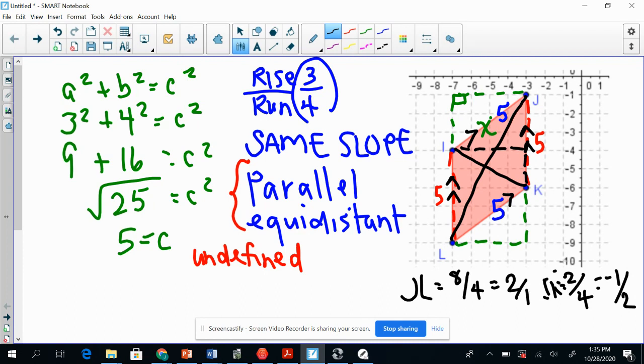So with this slope of JL being 8 over 4, or 2 over 1, and this slope being negative 1 over 2, then you know these are right angles in here, which does prove that this is a rhombus. We have 4 congruent sides, opposite sides are parallel, and the intersection of your diagonals are 90 degrees. So first you proved a parallelogram. This gave you the details to call this a rhombus.